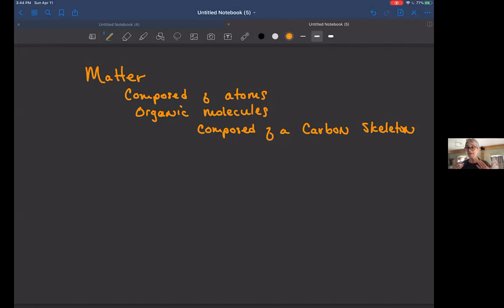So you are probably very familiar with the different types of organic molecules. So if we look at the types, for example, we have carbohydrates. And like this implies, carbohydrates are composed of carbon and hydrogen. We also have proteins. Now, proteins are composed of amino acids.